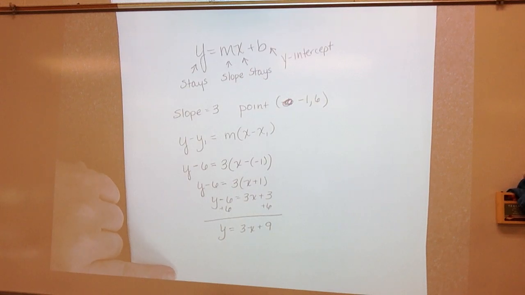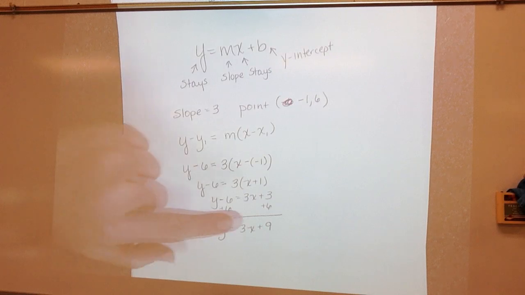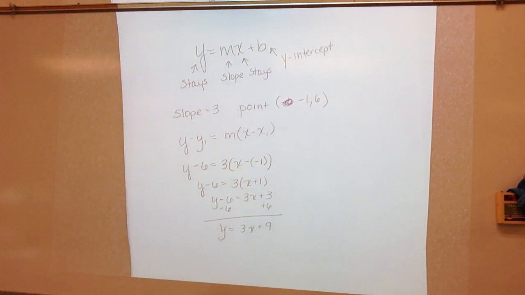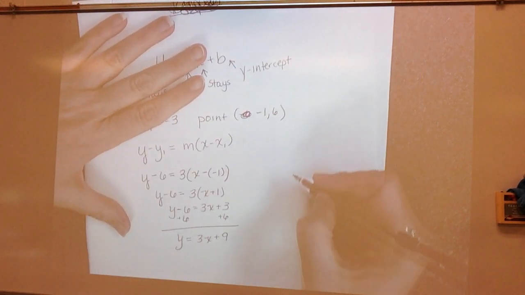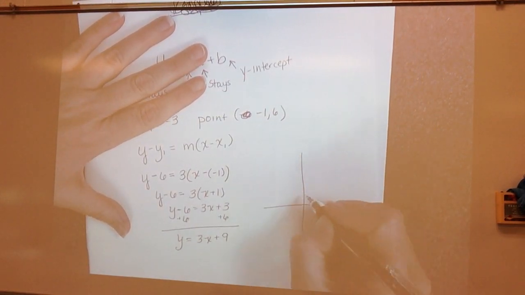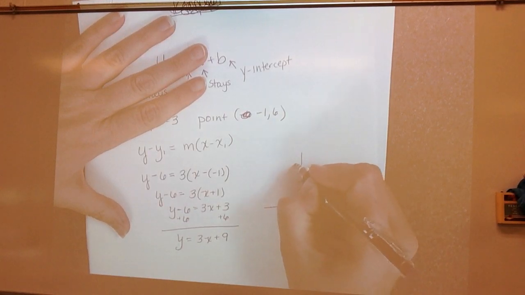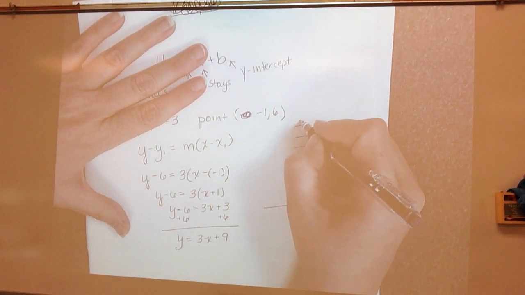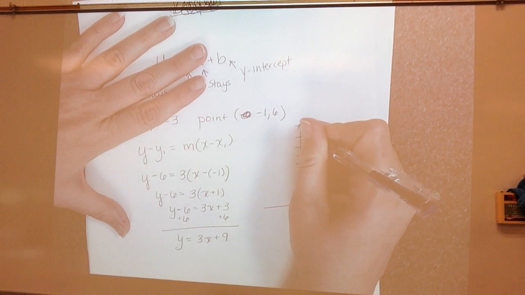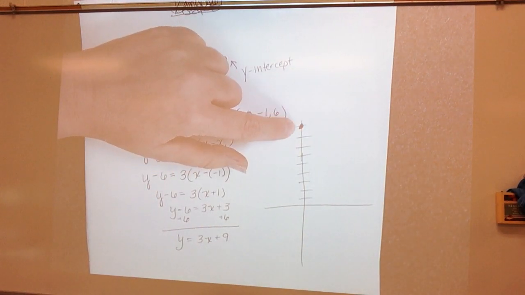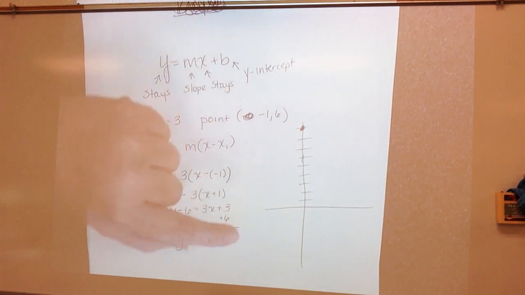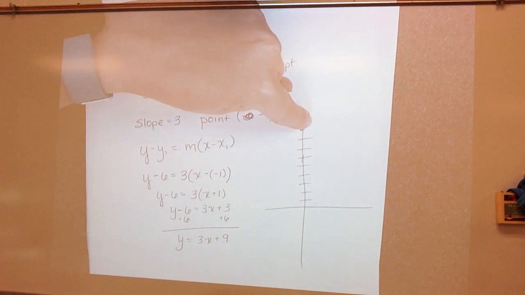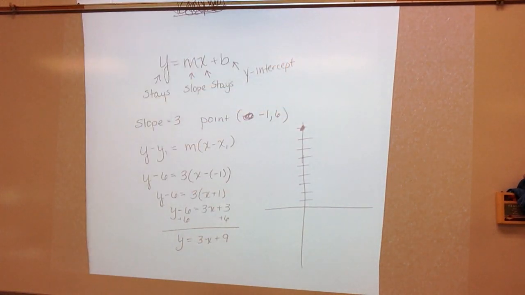I now know that b is 9, which would help me to graph this, if I wanted to graph this. I know that it's going to go through my y-axis at 0, 9, because that is where it intercepts the y-axis.